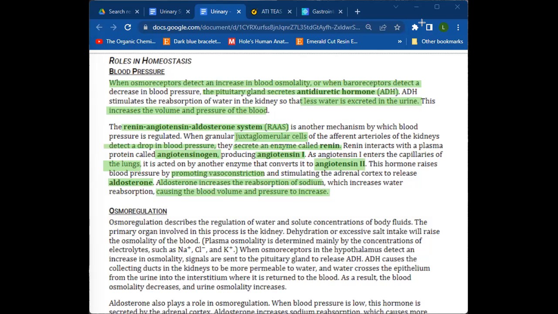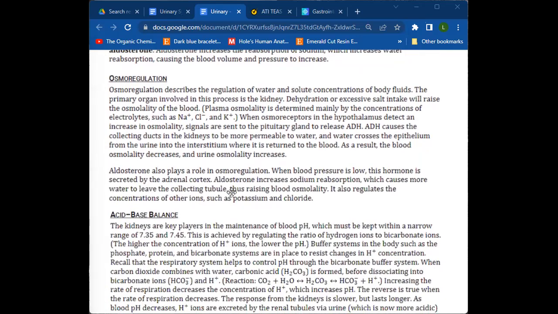Okay, now let's take a look at the osmoregulation. Okay, so the kidneys are actually the main organ involved in regulating the water balance. Right, so dehydration or excessive salt intake will raise the blood osmolality.